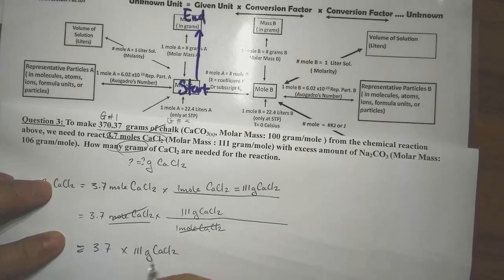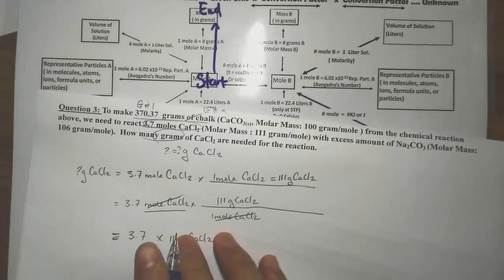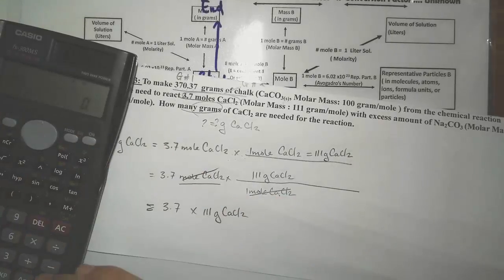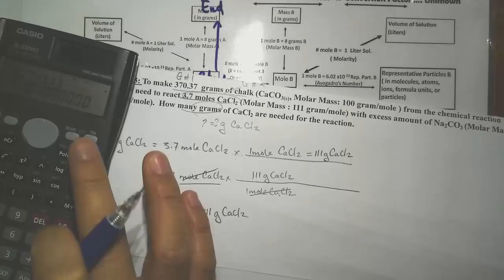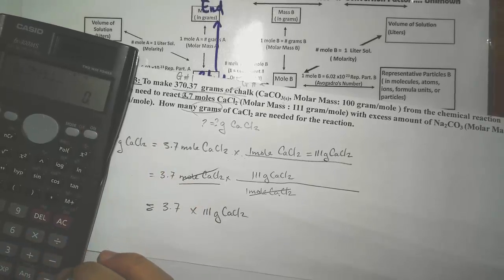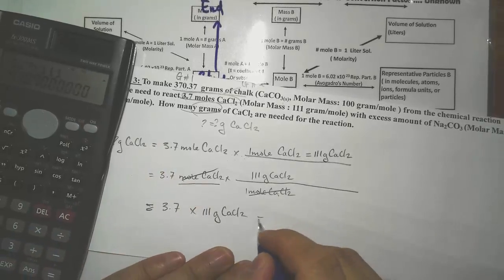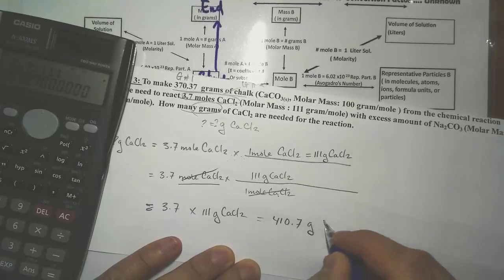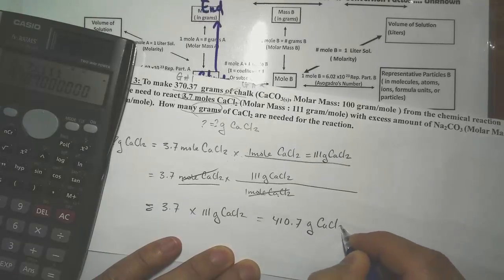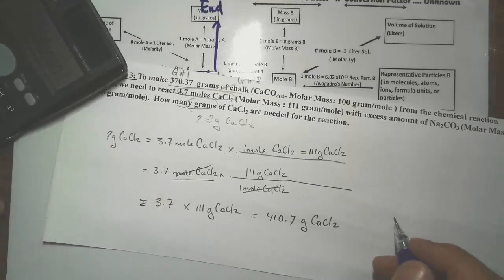Divide anything on the bottom? No, because it's just 1. So let's plug this into our calculator. 3.7 times 111, giving us 410.7 grams of calcium chloride.